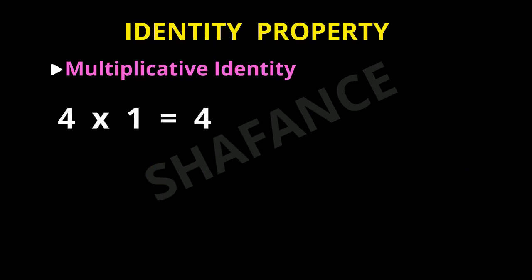Next is multiplicative identity. So let us see this example. We have 4 multiplied by 1 equals 4. So what is happening over here is we are multiplying 4 with 1. That means we are repeating 4 just once. So we get that same number. Similarly, we have 79 multiplied by 1 equal to 79.